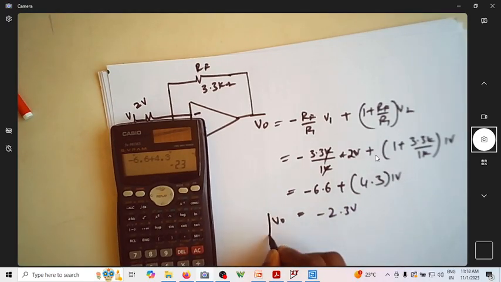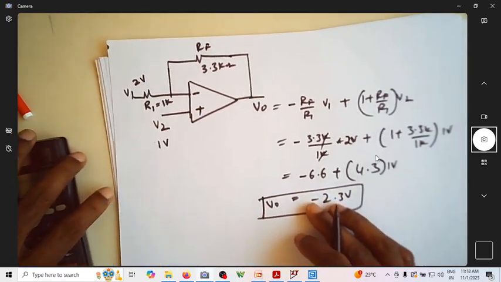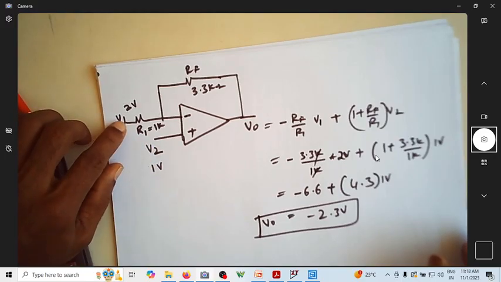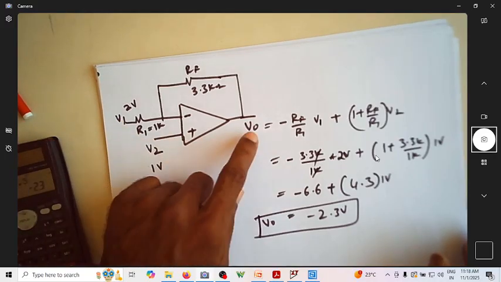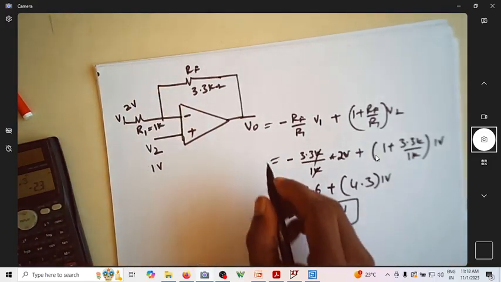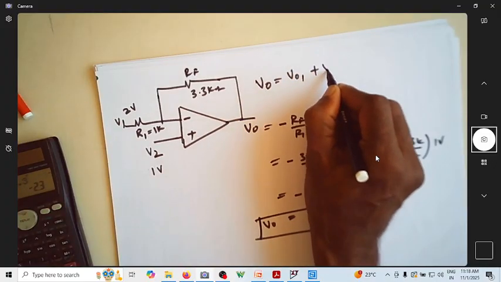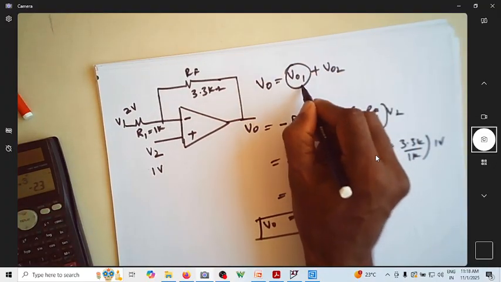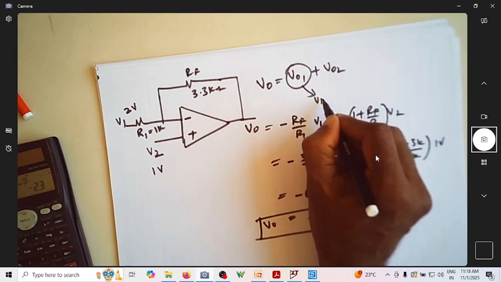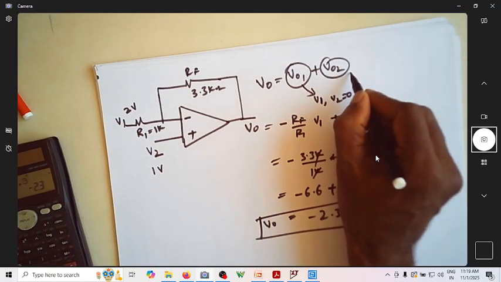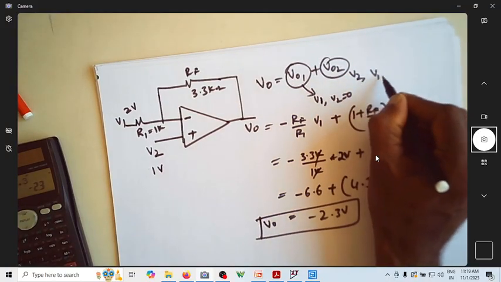So let me repeat, you are applying the input to both the inverting terminal as well as the non-inverting terminal with a feedback. So now you have actually two output voltages, V01 plus V02. This V01 is with only V1, V2 is considered as 0. In this V02, you are considering only V2, the V1 is 0.